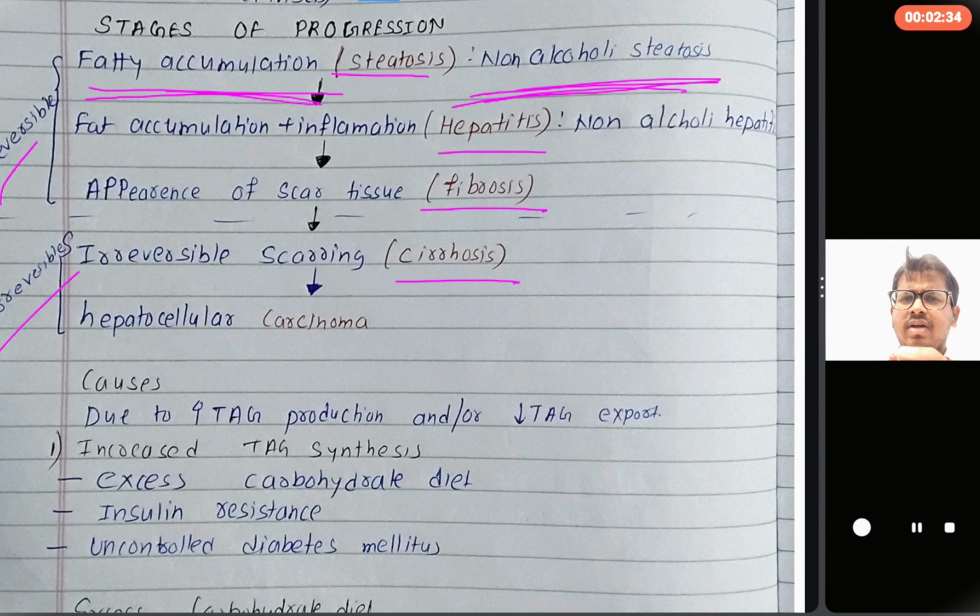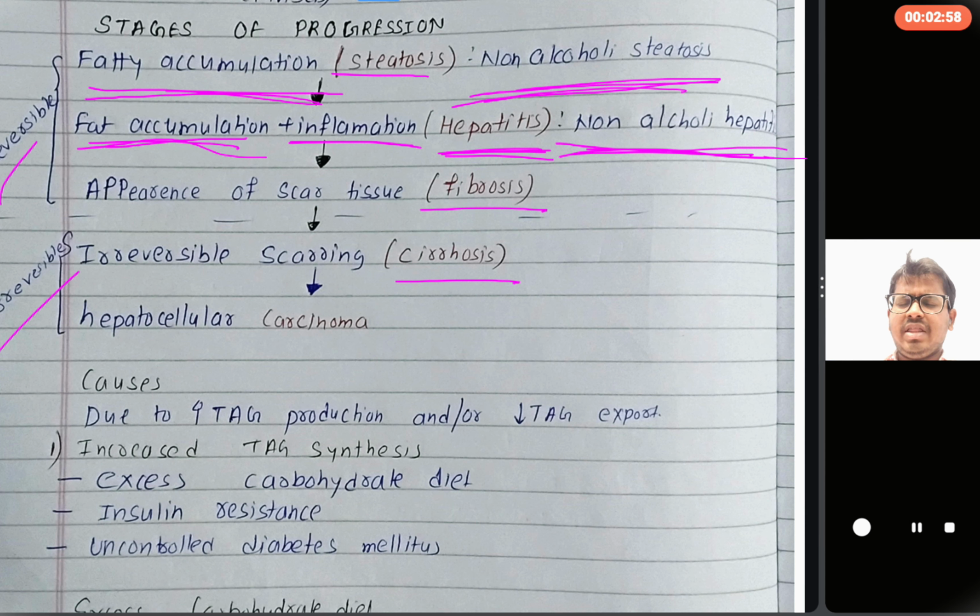Then the second stage of progression starts, that is fat accumulation and inflammation. There is inflammatory pain-like things happening, so there is fat accumulation and inflammation, that is the second stage, hepatitis. This stage is also called non-alcoholic hepatitis.